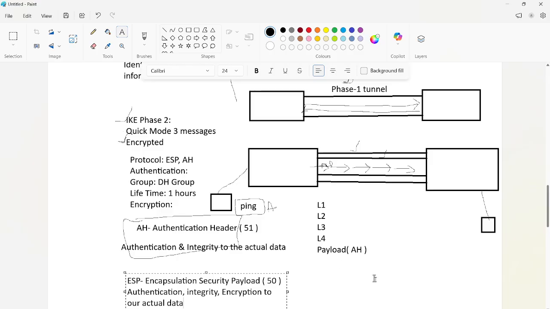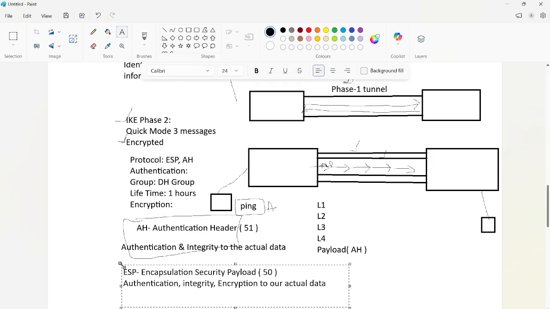Why are we using this? We have already used authentication, integrity, and encryption in the phase 1 and phase 2 tunnels, so why encrypt again in the payload?